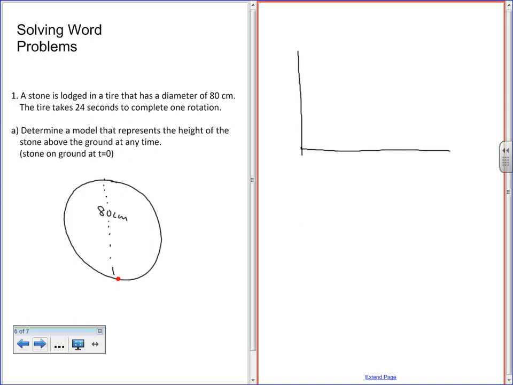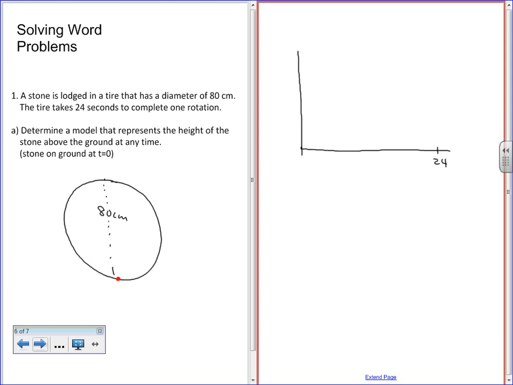The first thing we need to do is identify the period. Remember, the period is the time it takes to complete its cycle. What's the period in this example? It's the time. How long does it take to go around? 24 seconds. So the period is 24 seconds.